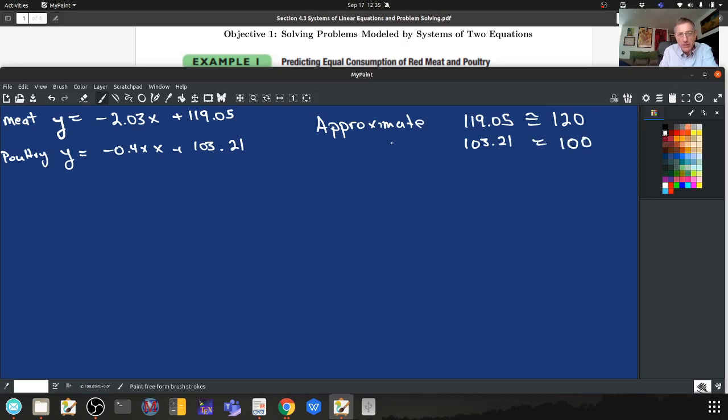So approximate to the nearest 10 as far as the numbers greater than 0, and for those with decimals, we're going to approximate to the nearest 1/10. So that means minus 2.03 is just going to be approximated to minus 2.